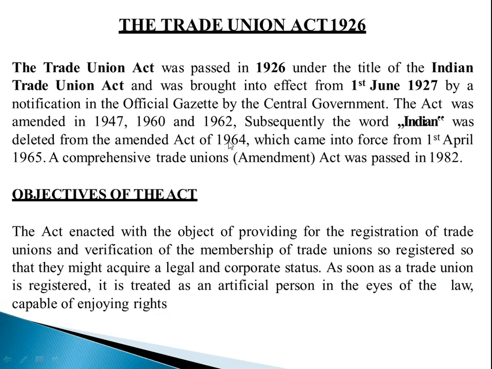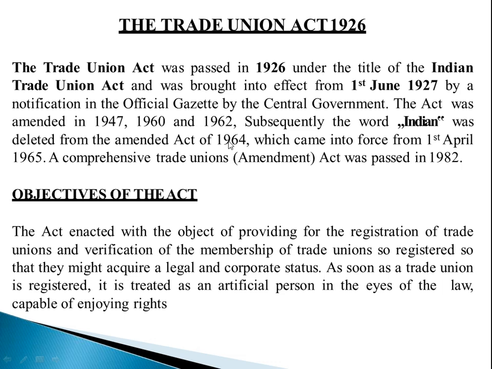This act was passed in 1926 under the title of Indian Trade Union Act, which came into effect from 1st June 1927. As I already said, any act that is going to be brought into effect will be officially given in the Gazette as a notification by the central government.